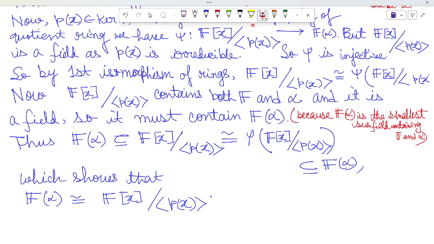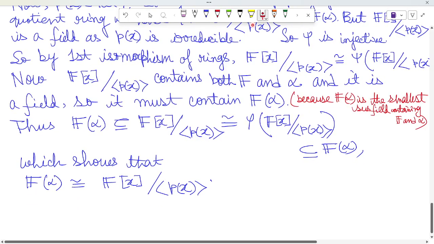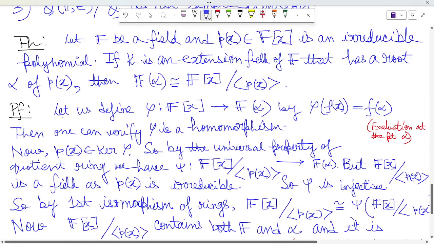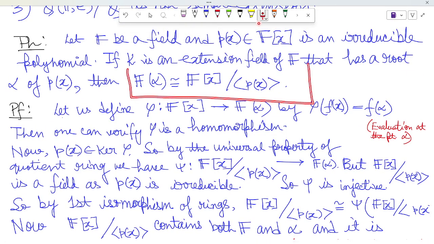What is F(alpha)? Again, F(alpha) is this thing.